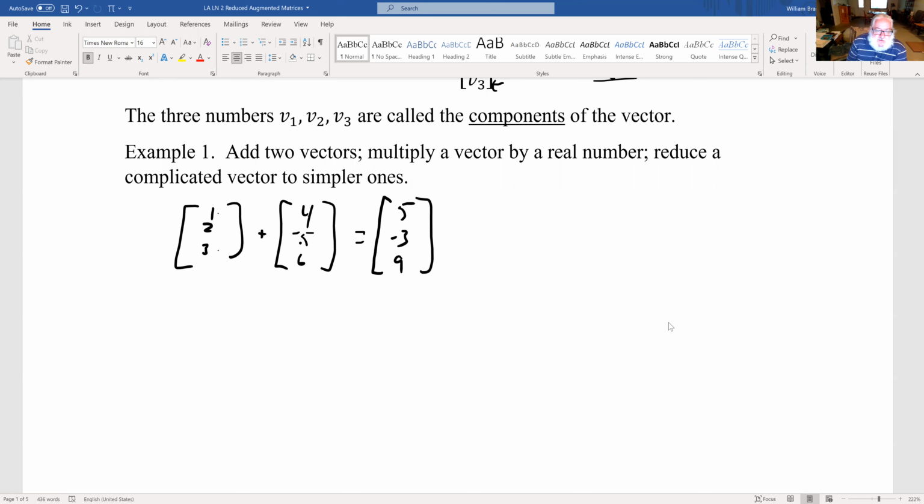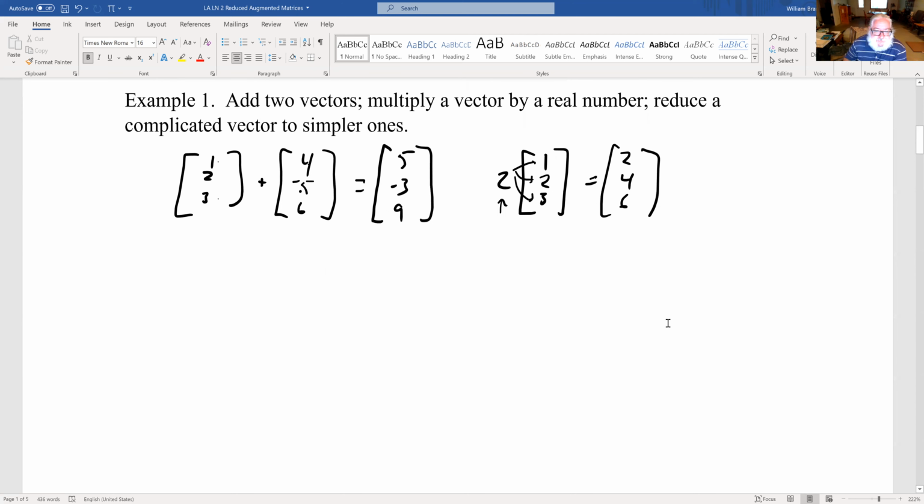If we take a vector and multiply it by a number, like 2, the number 2 distributes to each component. So that becomes 2, 4, 6. You can also do that in the opposite direction.